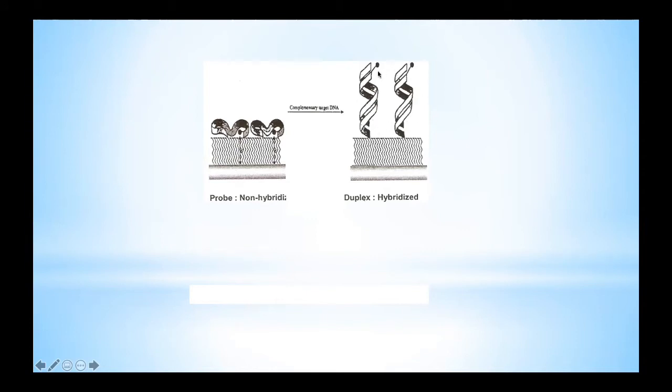The endpoint attachment of the biomarker, in this case DNA probe, is very important to ensure the interaction of this DNA probe with the target. So what happens if we choose simple absorption, then the DNA probe will probably be lying down like the left side figure.